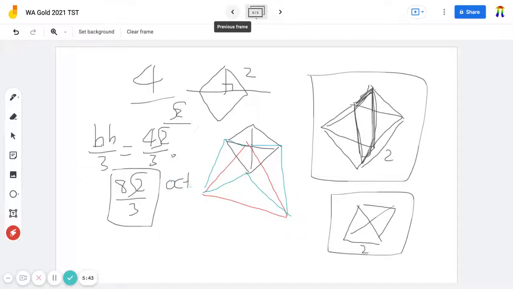Now we want to find the volume of the tetrahedron. So the equilateral base: I could derive the equilateral triangle area, but it is handy for many of you to remember the formula side length squared times the square root of 3 over 4. So in this case, the area of that equilateral triangle will be the square root of 3. Now we want to find the height of the tetrahedron. Now we take the cross-section corresponding to the midpoint of this side here, this vertex, and this top vertex.